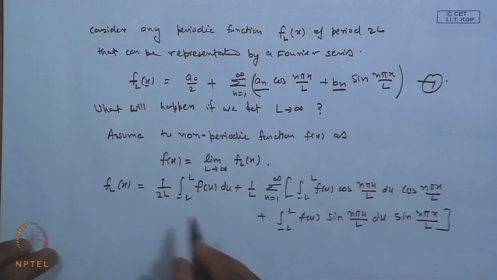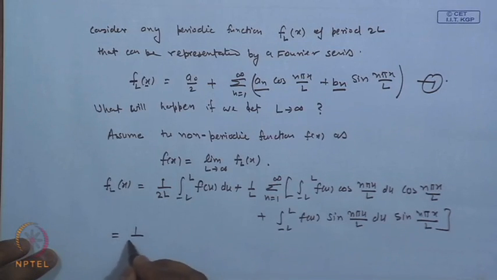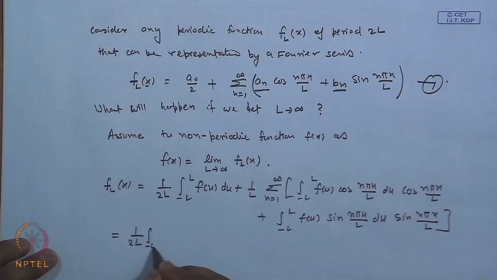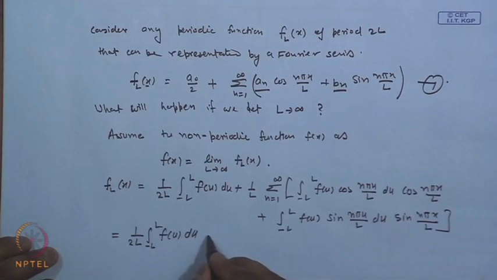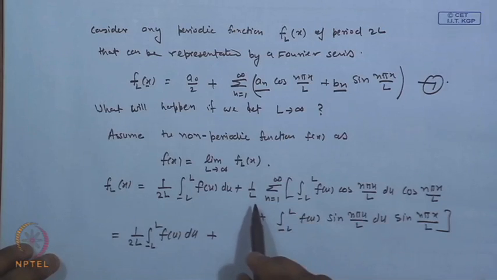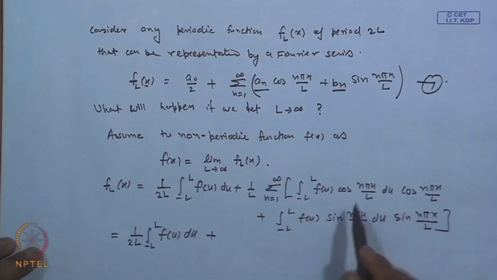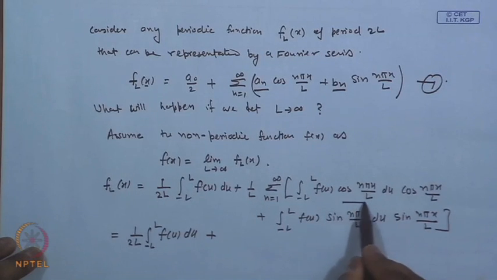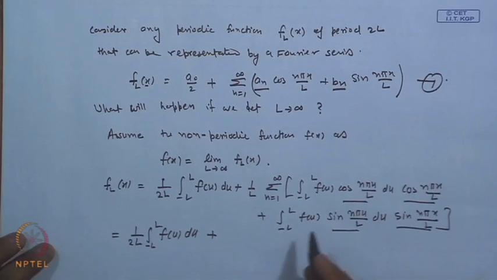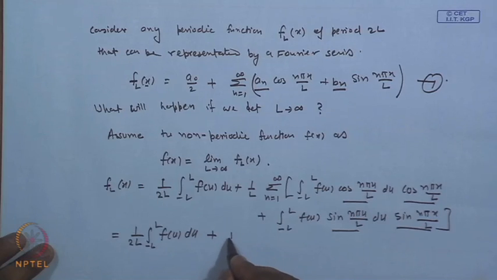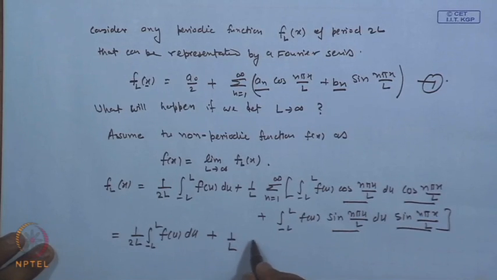Now, the first term we keep as it is, the integral of f(u) du, plus for the second term we have cos and cos, so cos a cos b plus sin a sin b. This we can combine into one cos function.